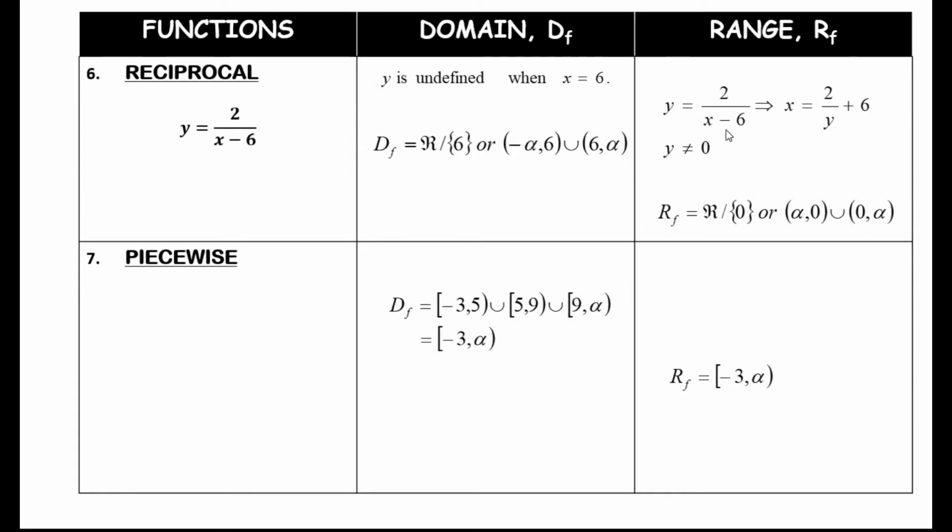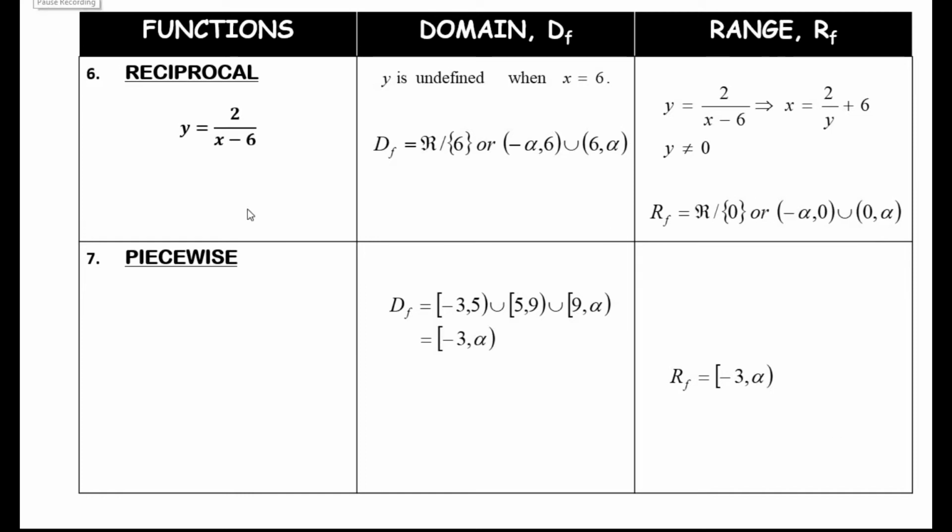To find the range, you can change the subject to x, then you get x is equal to 2 over y plus 6. From this 2 over y, we know that y cannot take 0. Therefore, the range of f is all the real numbers except 0, or you can write it as negative infinity up to 0 union 0 to infinity.